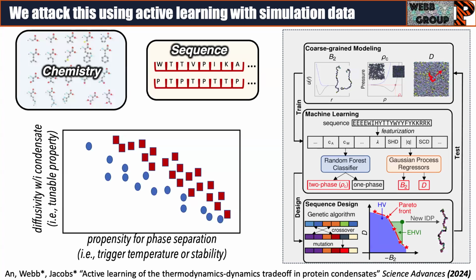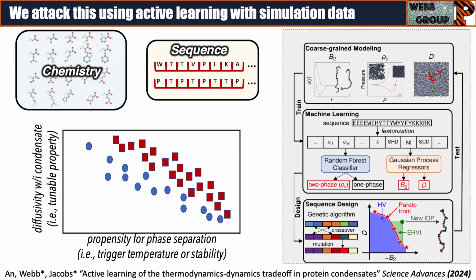So here we calculate second virial coefficients. We map out an approximate equation of state. So what is the pressure as a function of density? This gives us some sense as to whether things will phase separate or not by trying to identify a van der Waals loop. And for those that do, we can measure with short simulations, get an estimate of the dynamics in the condensed phase.